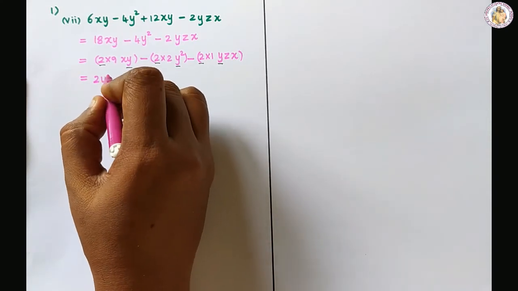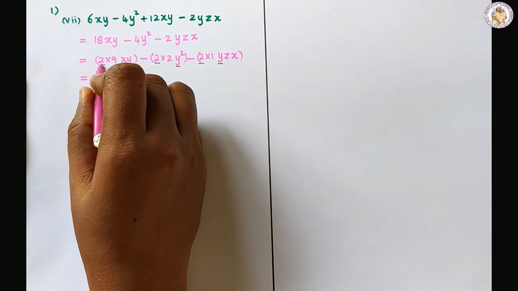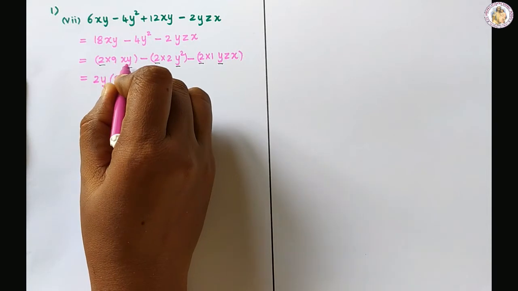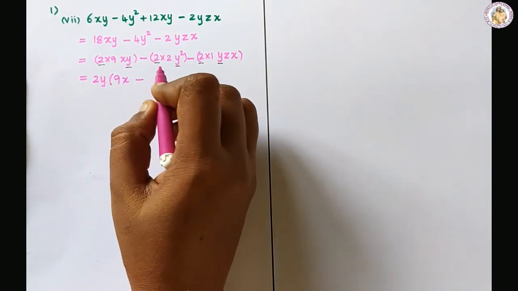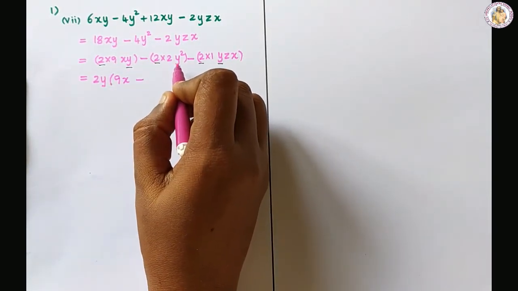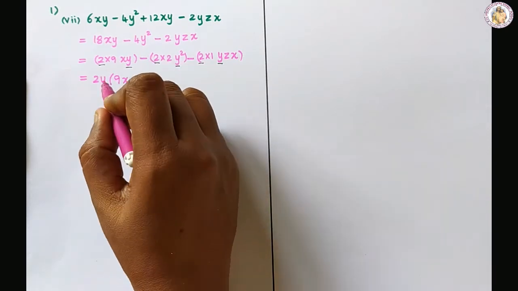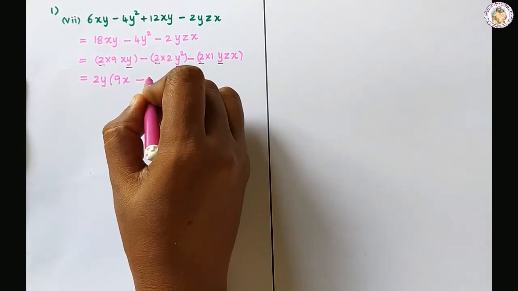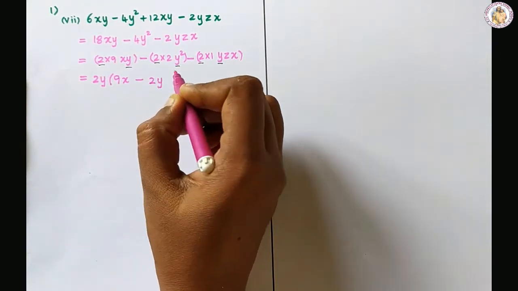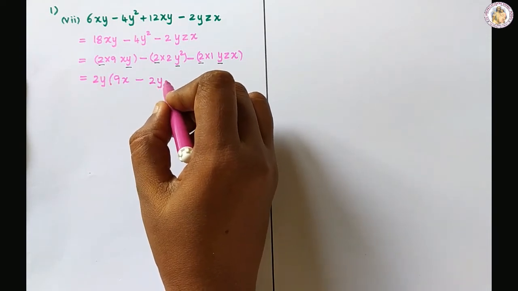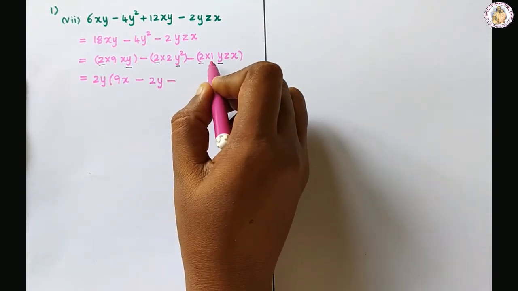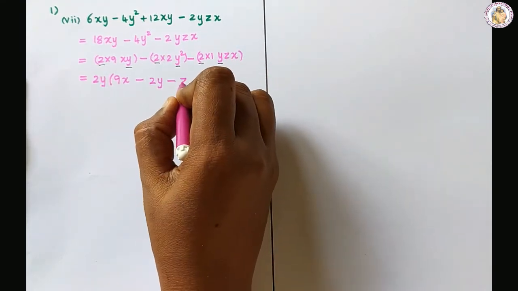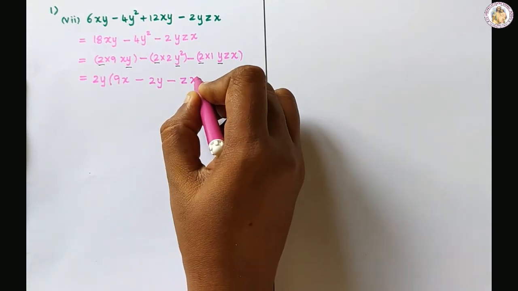Now write down the balance here. 9x remains, minus 2y, here y square, we took out y power 1, so y power 1 remains, and then minus zx.